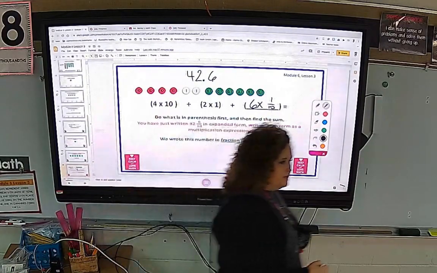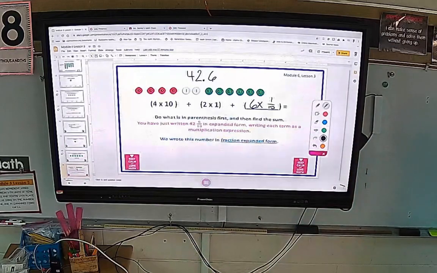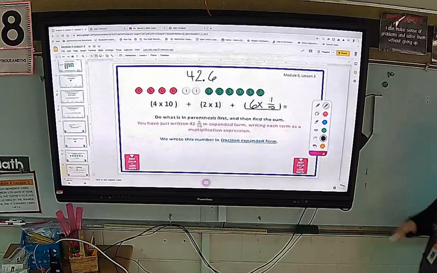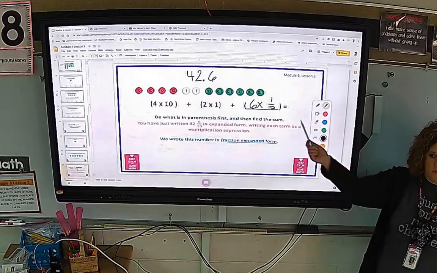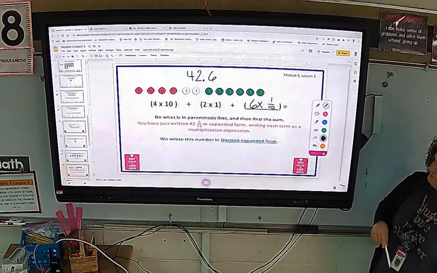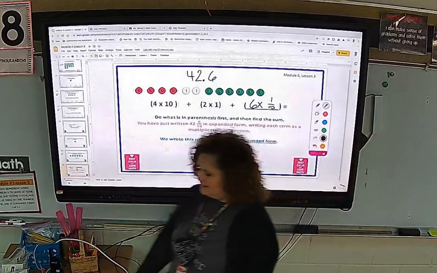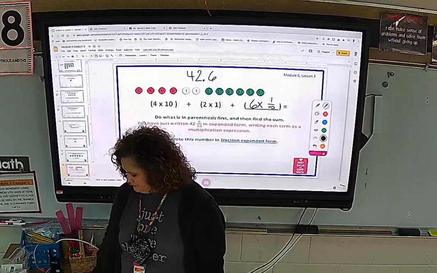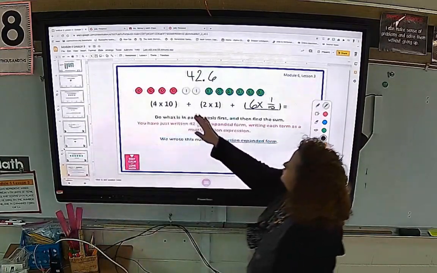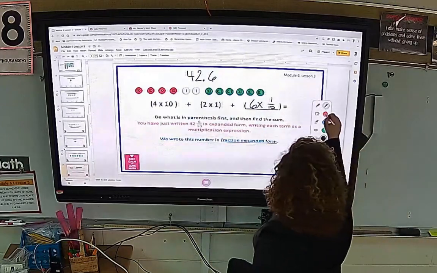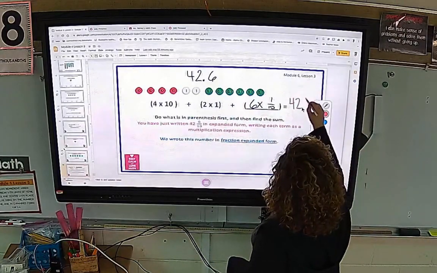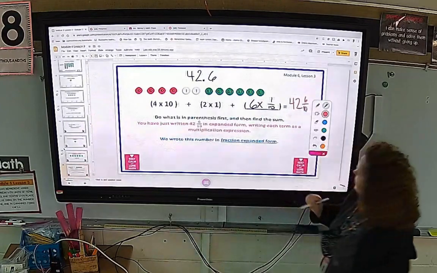That is the correct way to do it. Could you also do it with probably 0.1? Yeah. But save that for 5th grade. Okay. Let's just do it our way that we know. Just know that that's at least one of the ways you can do it. I just wanted you to see that. Because if we multiplied that and we got 42 and 6/10, let me ask you something.